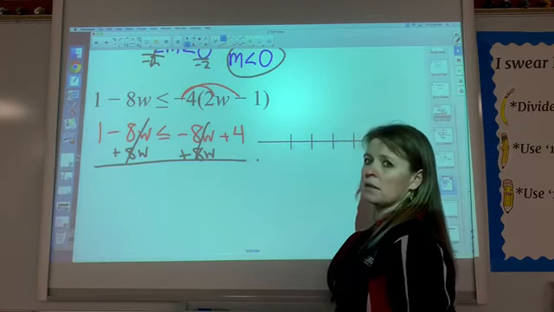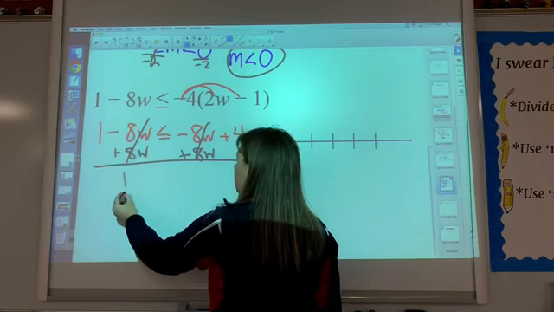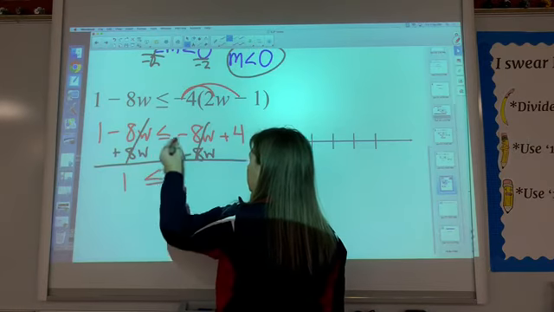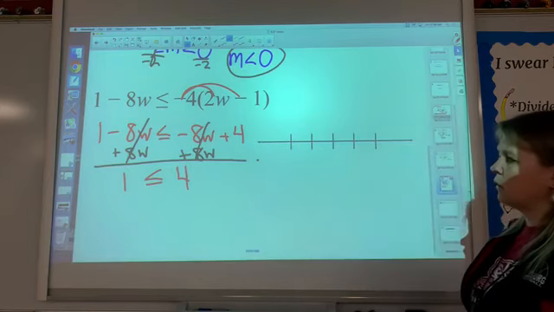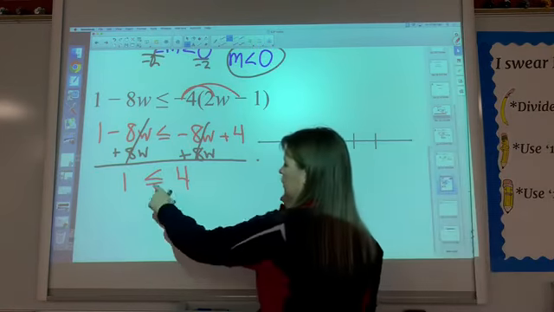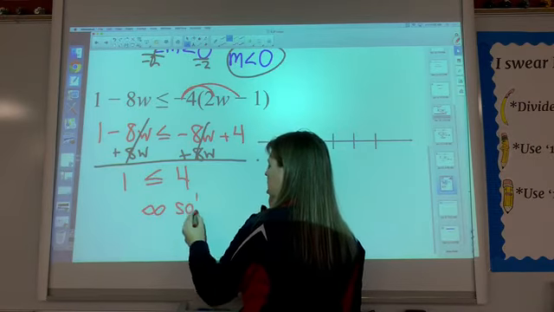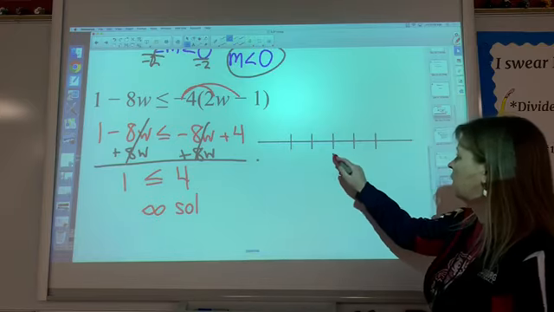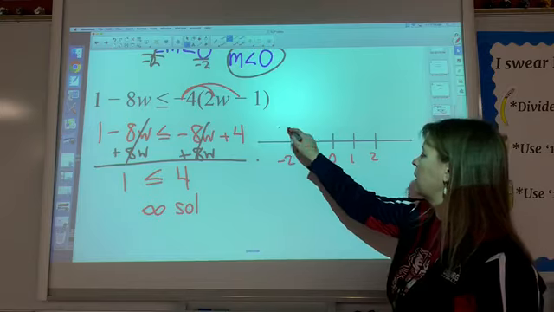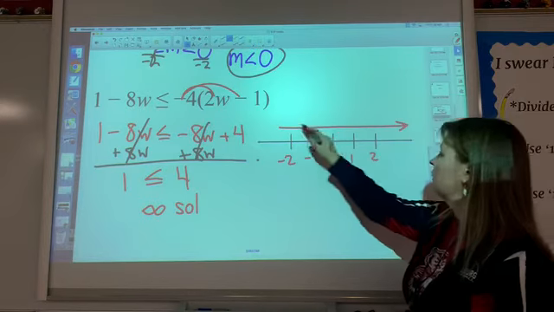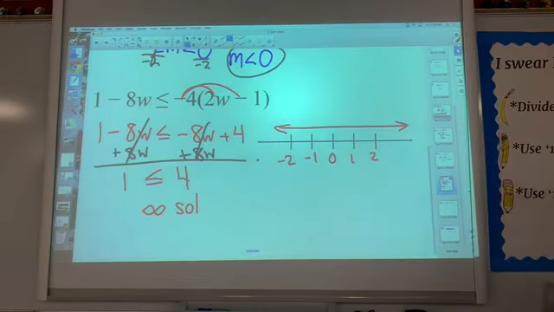We have to find out, is this an infinite solution or is it no solution? Continue on, drop down the 1. 1 is less than or equal to 4. If 1 is less than or equal to 4, then that's true. That's definitely a true statement. We have an infinite solution, which means every number that you could possibly think of in the entire number line is true to this answer.